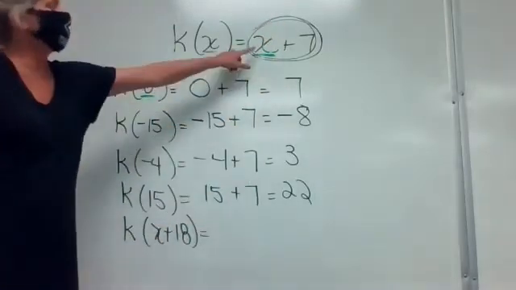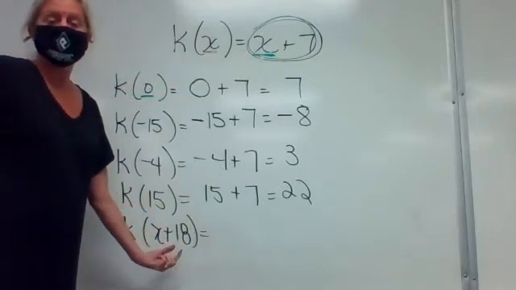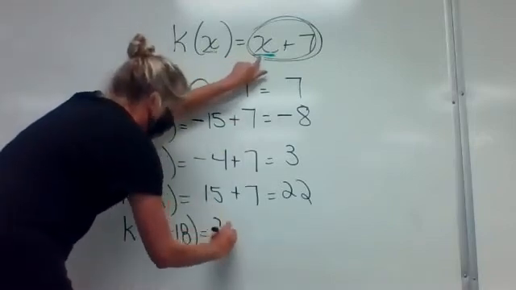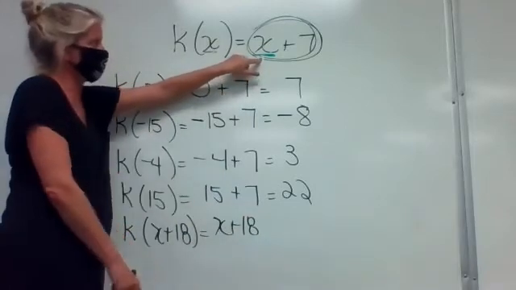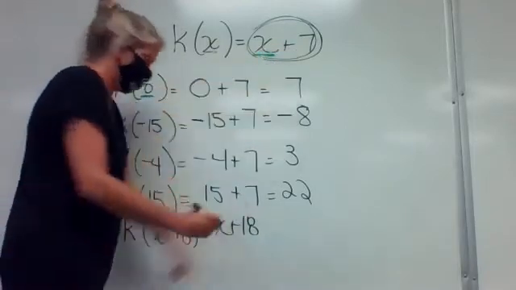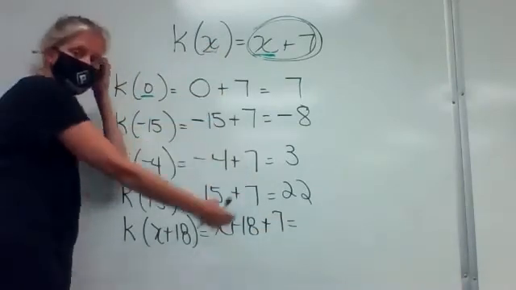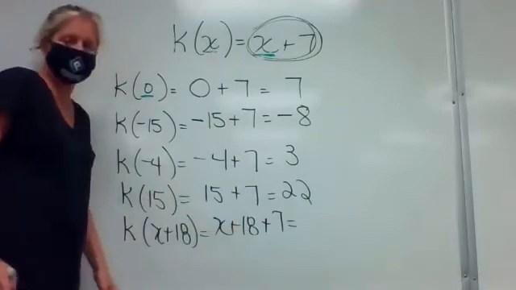So what is going to take the place of this x this time? What's in the parentheses: x plus 18. So that replaces x. I have x plus 18 in place of the x, and then add the 7, just like I've done over and over. Just instead of it being a plain number, it's x plus 18.